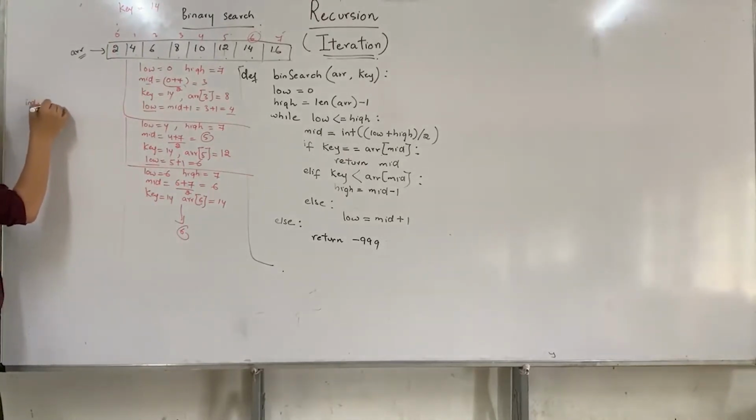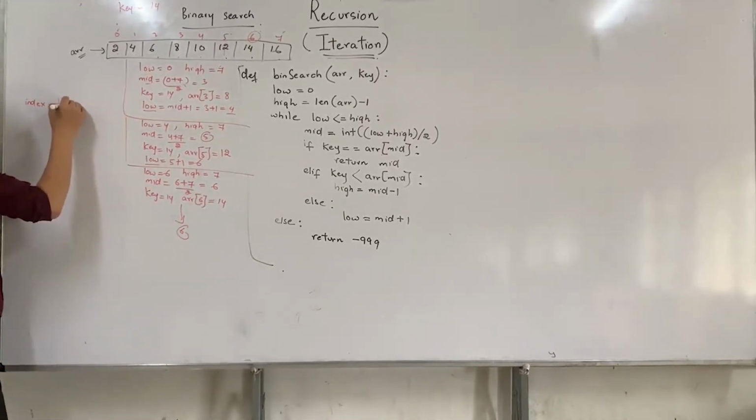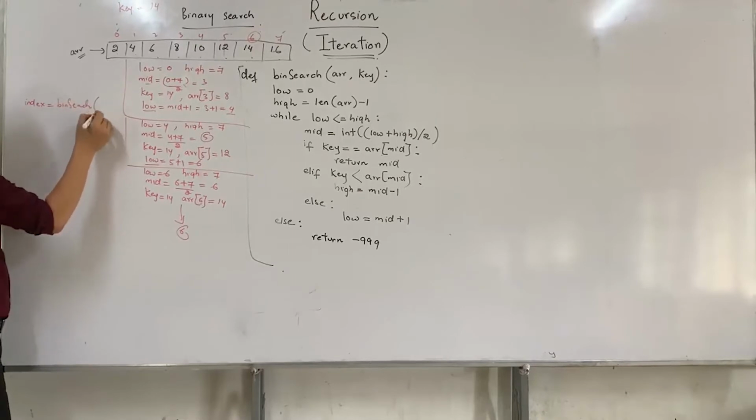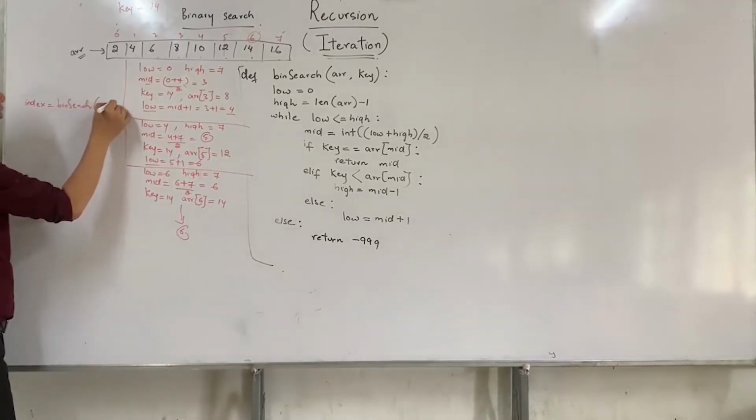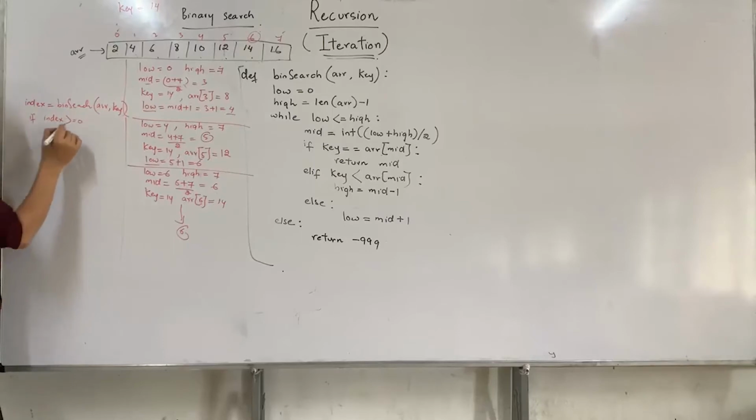Index is equal to, let's call the function binsearch and then send ARR and then key. If the index value is greater than or equal to 0, then you could just print the mid value directly.